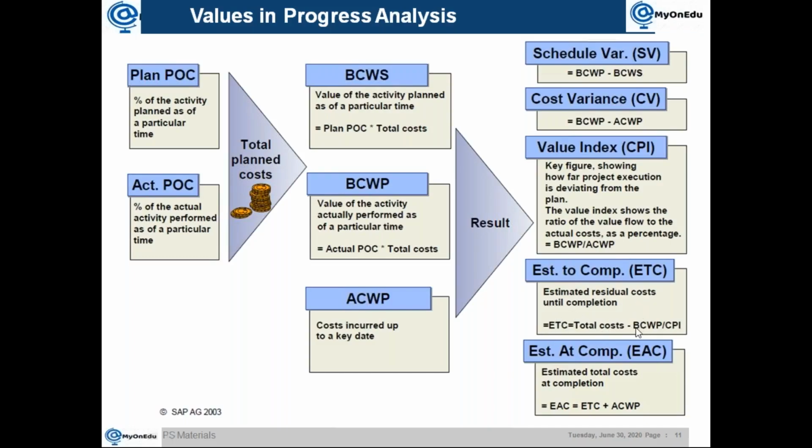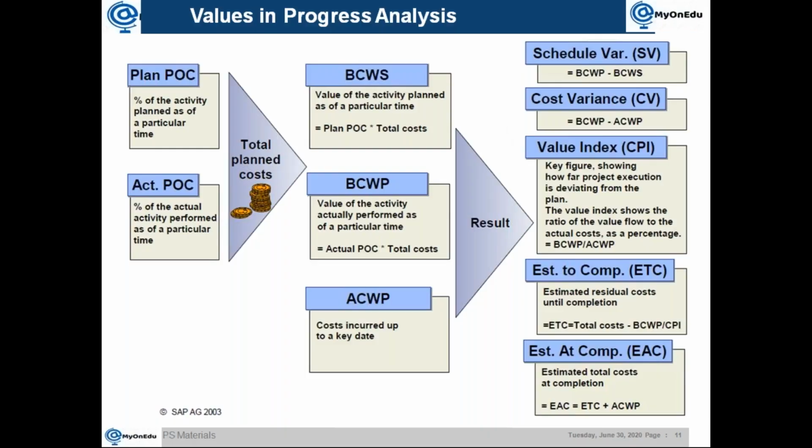That is total cost minus BCWP, divided by CPI. Then you have the estimate at completion, which is the total cost at completion. EAC will be ETC plus ACWP. These are the different values, and anyway they will come in the report. So this is how the calculations happen.